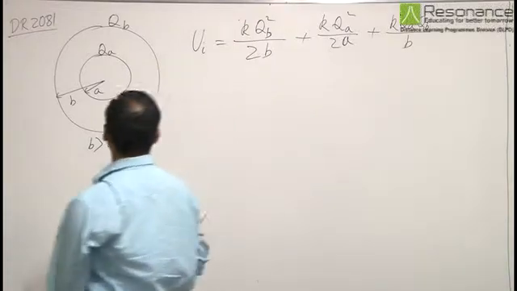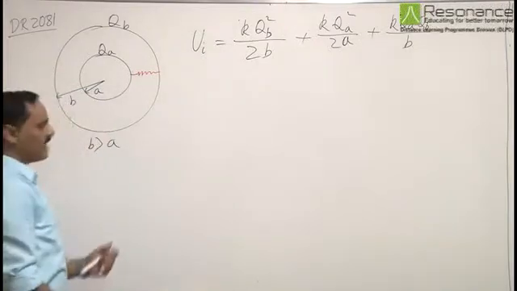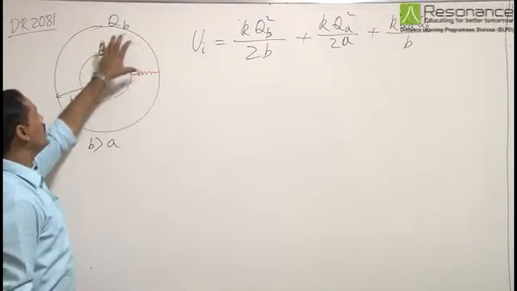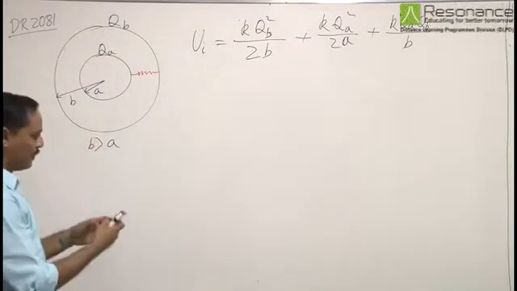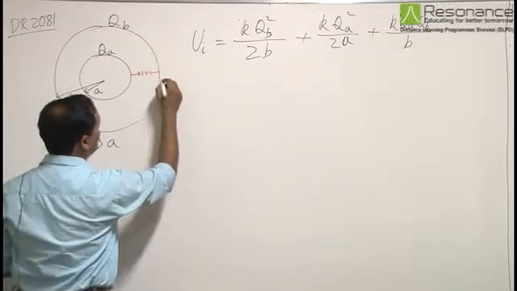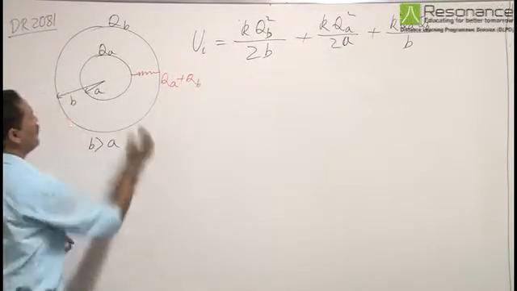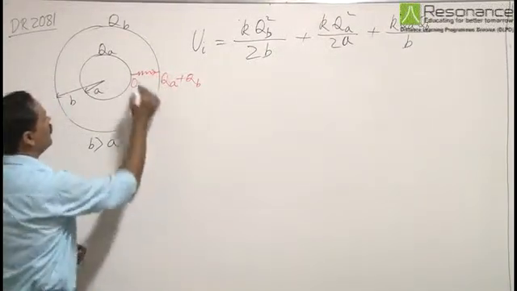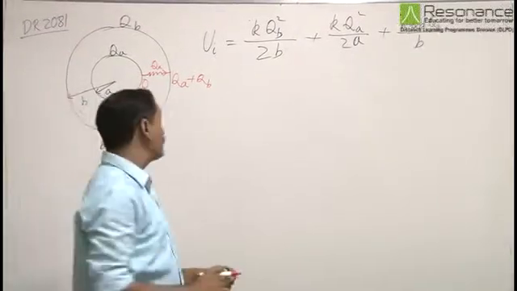Now they are connected by a conducting wire. If they are connected by a conducting wire, as on a conductor charges remain at maximum separation, the QA charge will also come outside. So the charge on the outer sphere is QA plus QB, and the charge on the inner sphere will be 0, and due to the flow of this charge QA there will be heat produced.